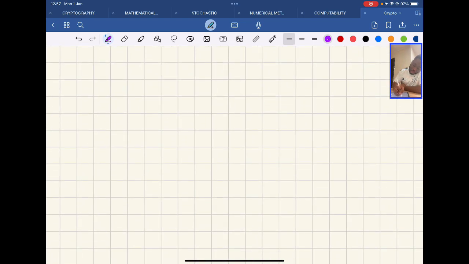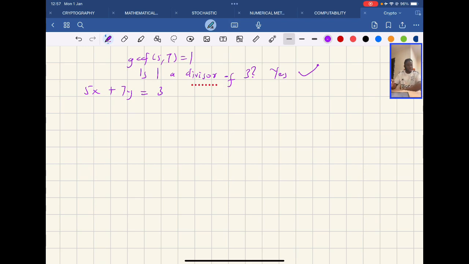After getting to know that the GCD of 5 and 7 is equal to 1, we have to check: does 1 divide 3? Is 1 a divisor of 3? Yes, indeed, 1 is a divisor of 3, so we can go ahead and solve this problem. So the question given was 5x plus 7y is equal to 3.